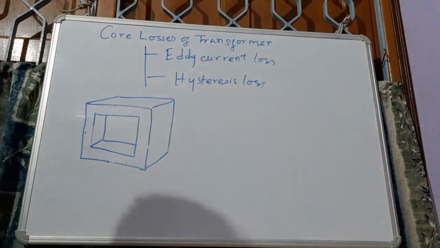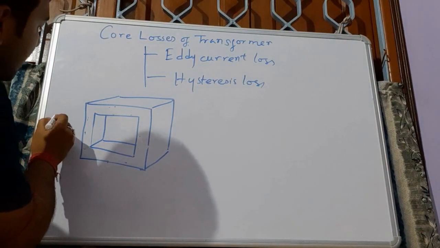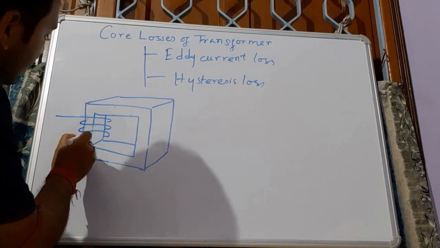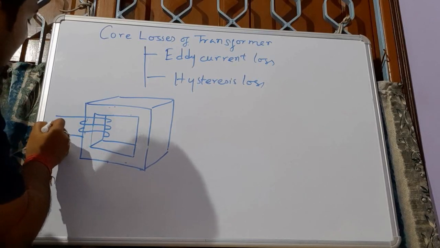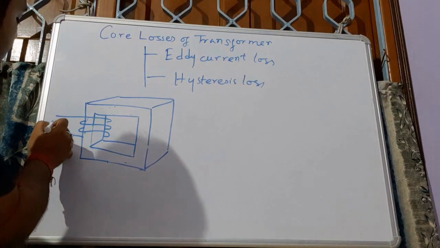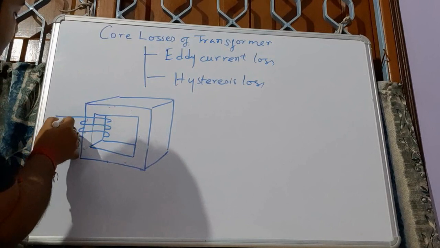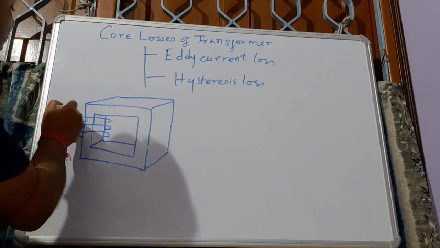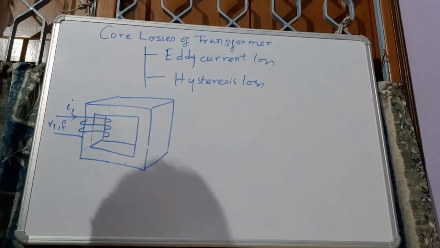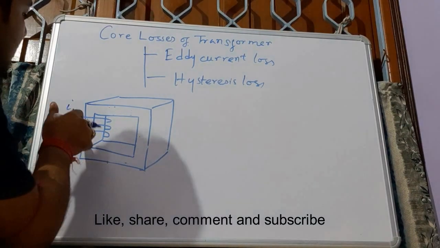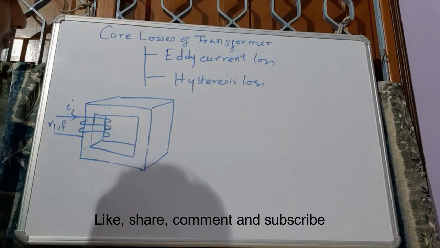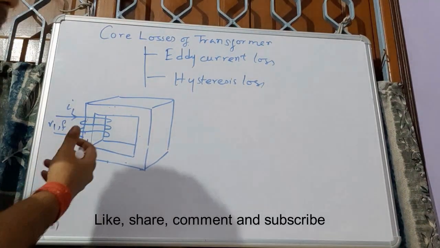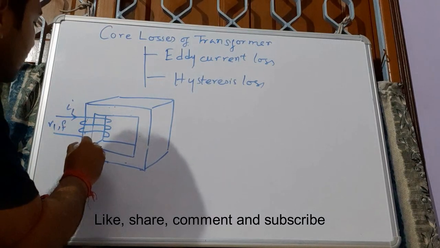Okay. Now we have windings of transformer. If we apply a voltage, suppose V1 of frequency f, then a current I1 will flow, and this current creates flux in the core.